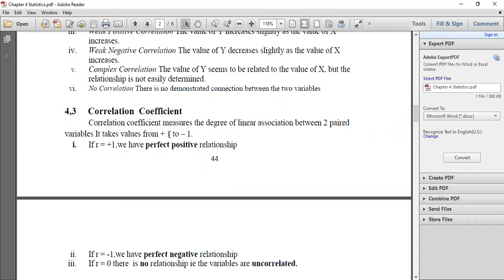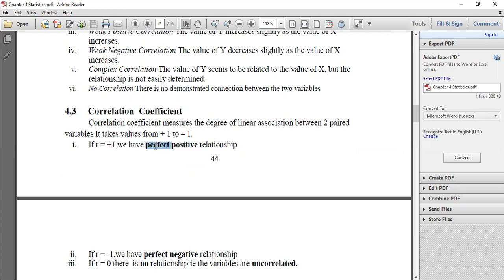So we are saying that the values of correlation coefficient run between +1 and -1. So any value that you get outside this is wrong. It has always to be between -1 and +1. And we denote correlation coefficient with small letter r. So there are three scenarios. If r is equal to strictly +1, we have a perfect positive relationship.